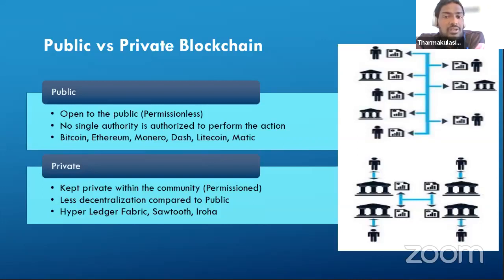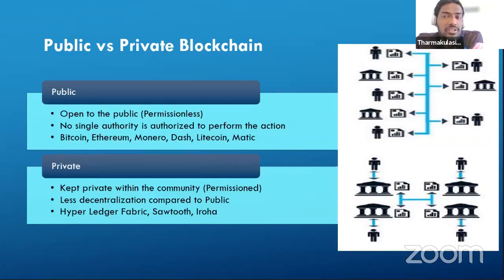That's why trustworthiness is a little lower, but it depends on the application, because trust depends on that authorized node. Hyperledger Fabric is a private blockchain, mostly IBM-related work. Using these two properties, there are hybrid or consortium blockchains, which have properties of both public chain and private chain.